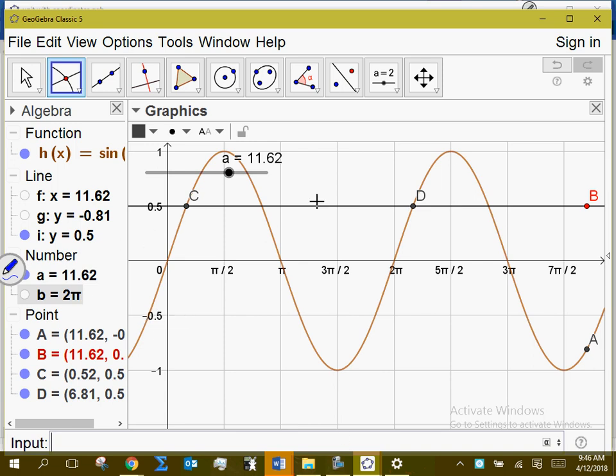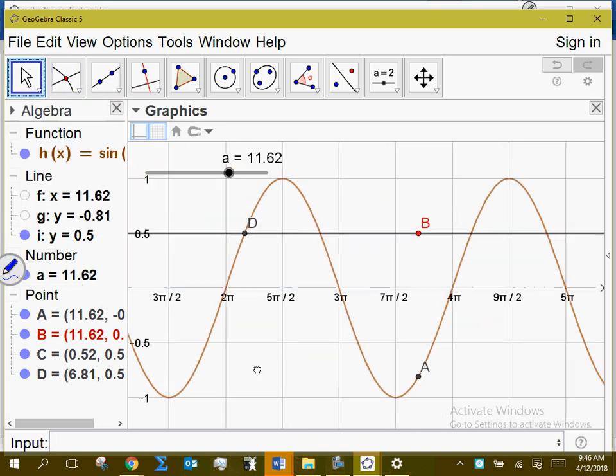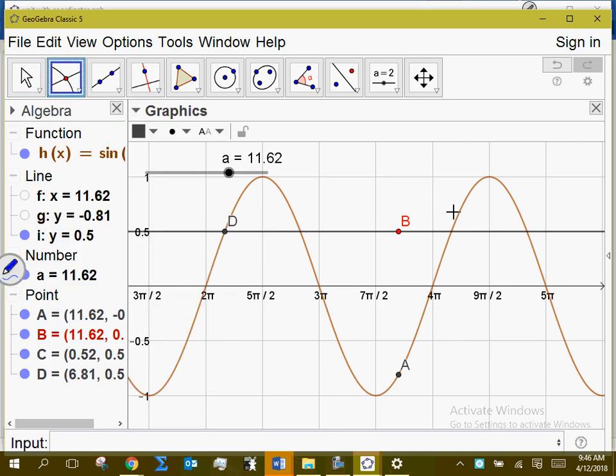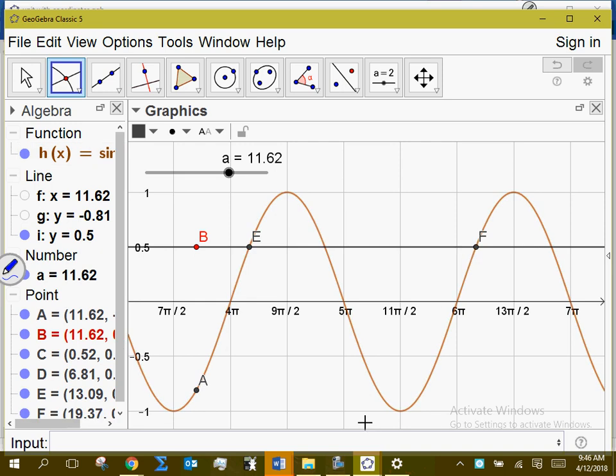So there's a distance of 2 pi between those. Does that make sense? What is going to be the distance between D and E? 2 pi. Is E another solution? Yeah. What's going to be the distance between E and F? 2 pi.